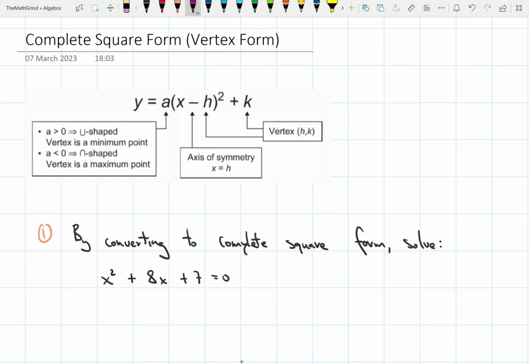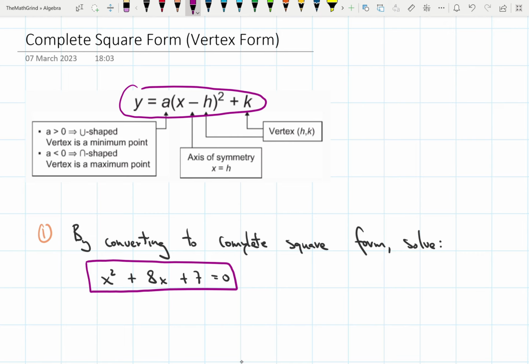Now, just to give a general sense of what complete square form is, it is changing something that is in the form of ax squared plus bx plus c, like we have down here at the bottom, and changing it into something that looks like this, and that's complete square form.